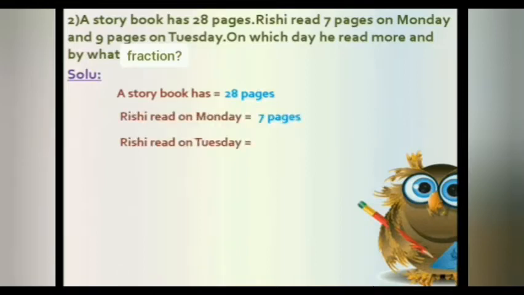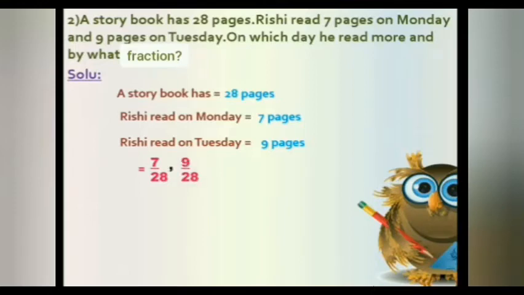Rishi read on Tuesday 9 pages. Now we have to write the fraction for given data. On Monday 7 pages. So 7 by 28. On Tuesday 9 pages. So 9 by 28.